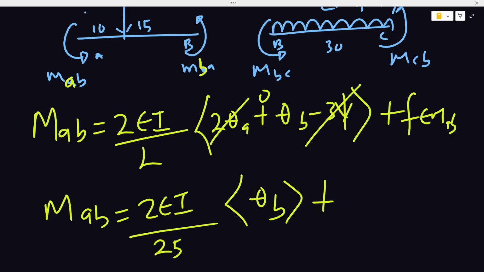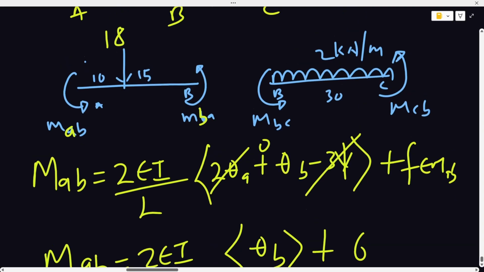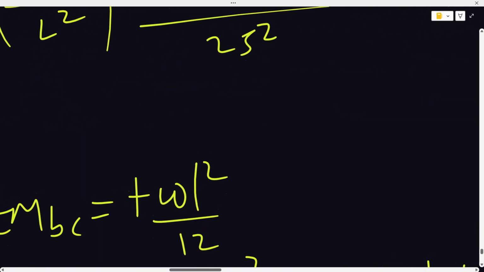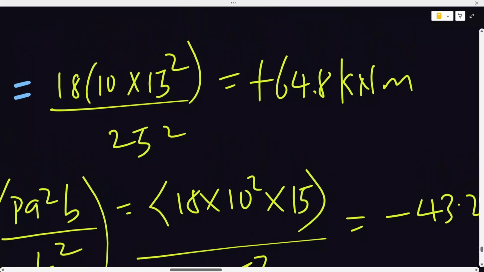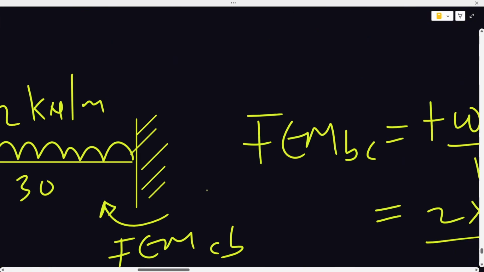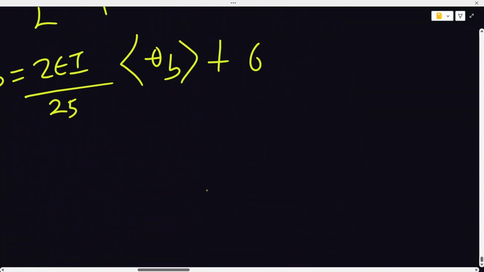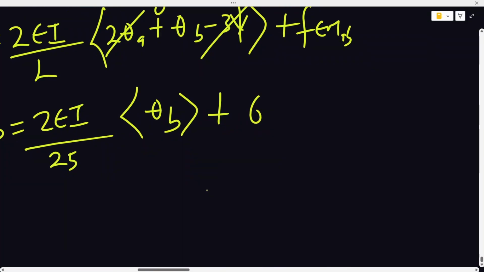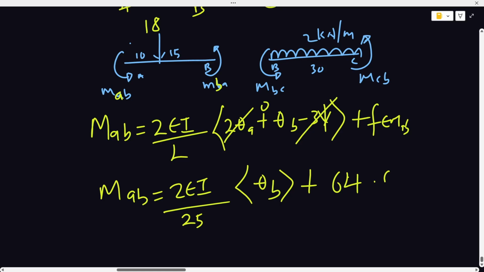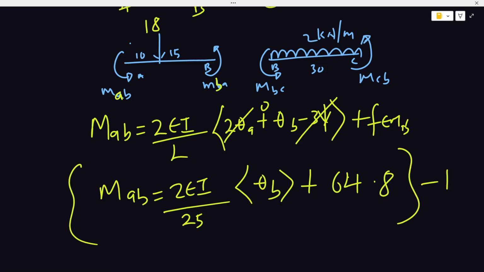Yes, I believe so. Yes, 64.8. Now, this is equation 1.